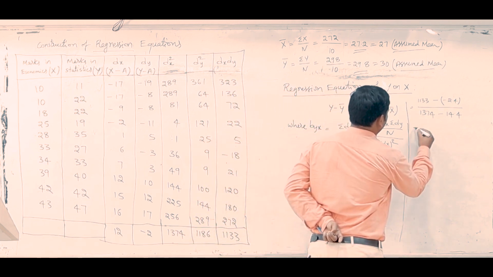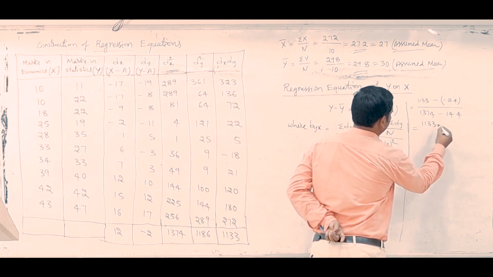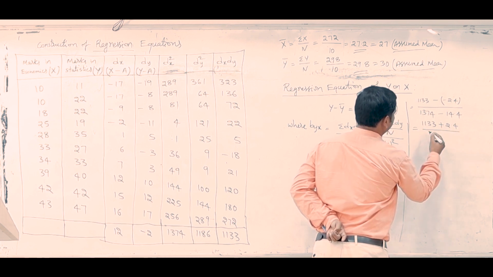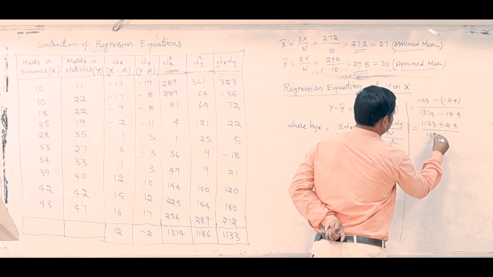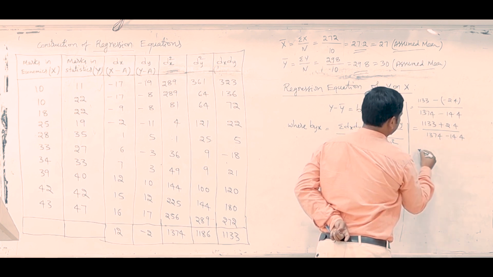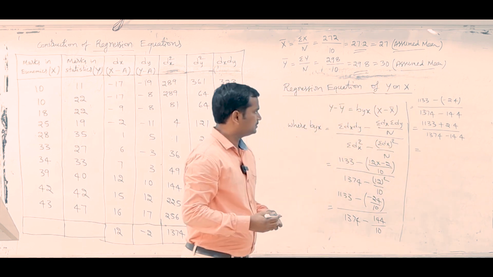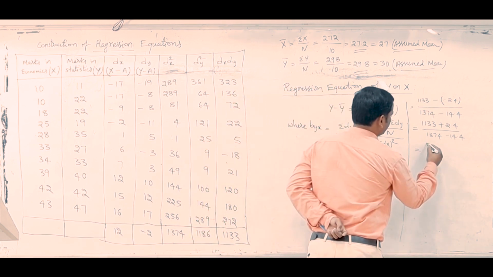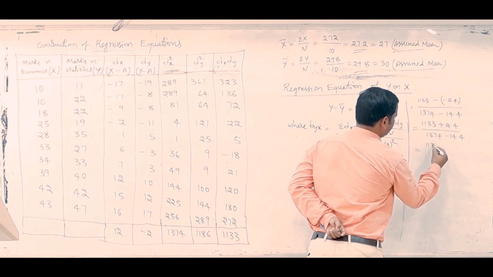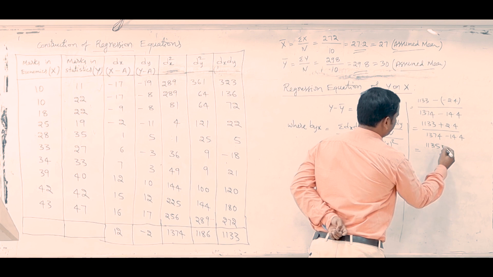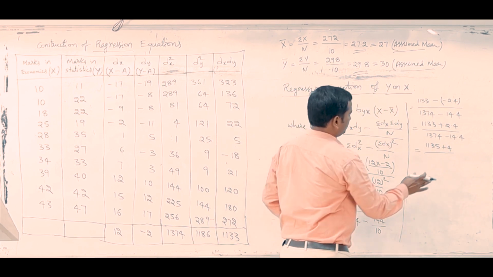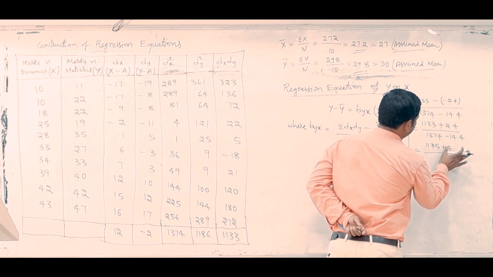So here it will be 1133 plus 2.4 divided by 1374 minus 14.4. So it will be 1135.4.